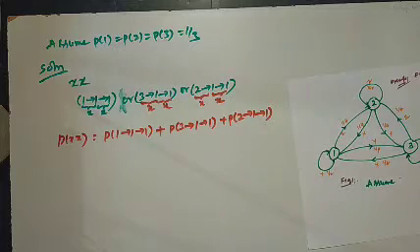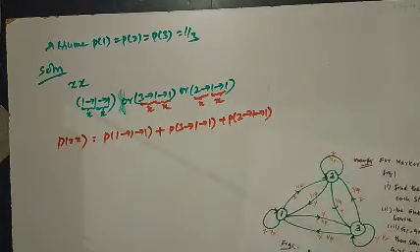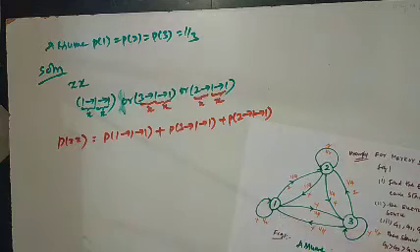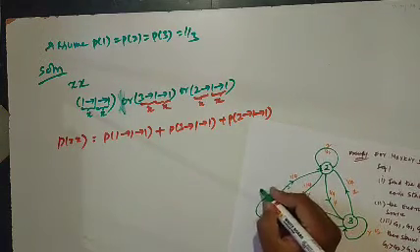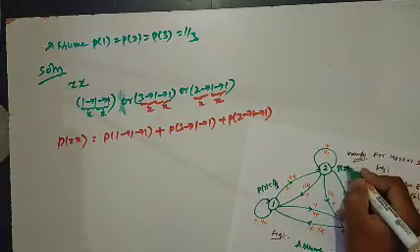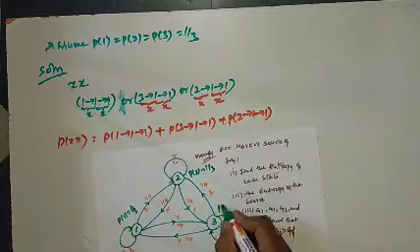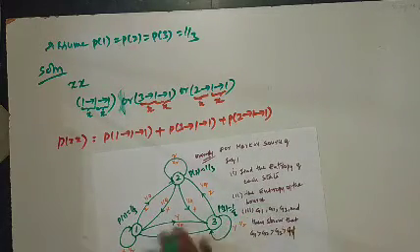So this is the probability of the occurrence of XX. First I have to write the probability of occurrence. We are given that P of 1 is equal to 1 by 3, P of 2 is equal to 1 by 3, and P of 3 is also equal to 1 by 3.